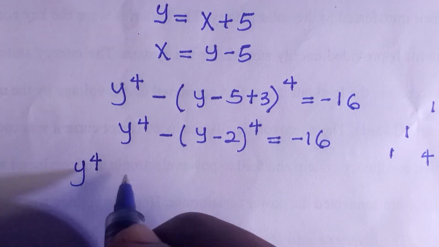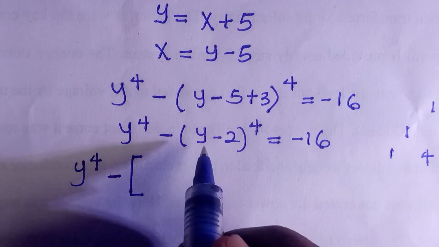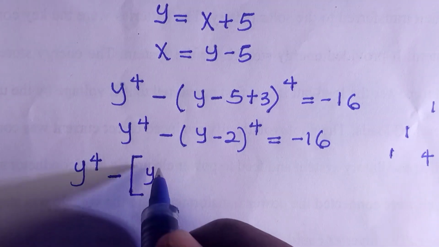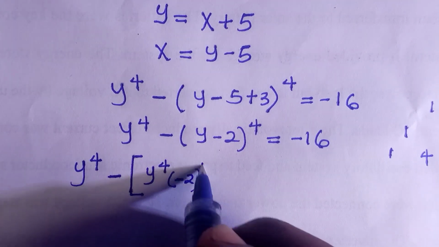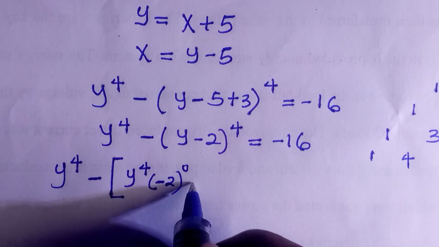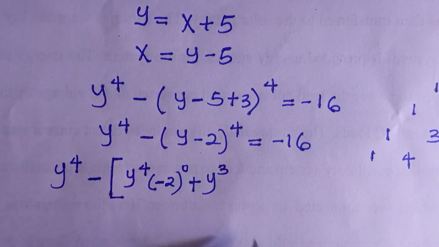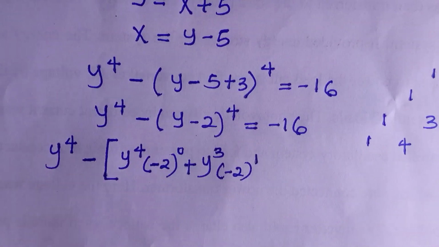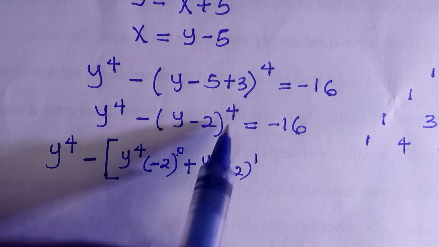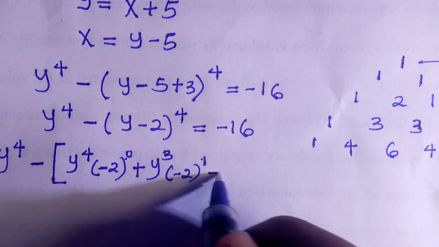If you have y to the power of 4 minus, we are going to create a larger bracket, so y raised to the power of 4, minus 2 raised to the power of 0, then plus y to the power of 3 and negative 2 raised to the power of 1. So what I did here is, if you add the powers of these two together, it must be equivalent to 4. So if one increases, one decreases.